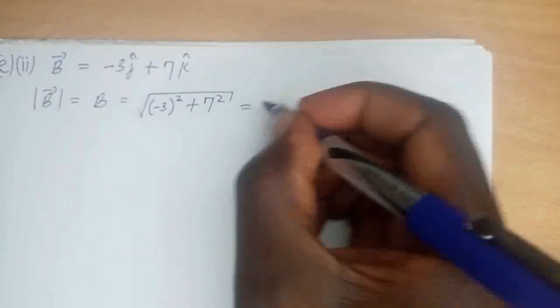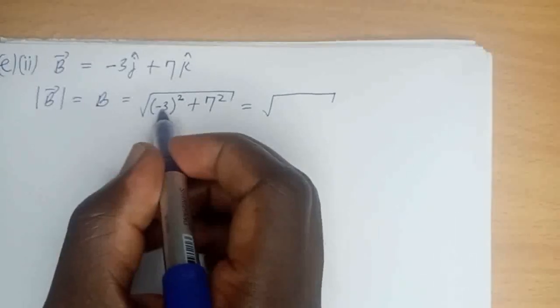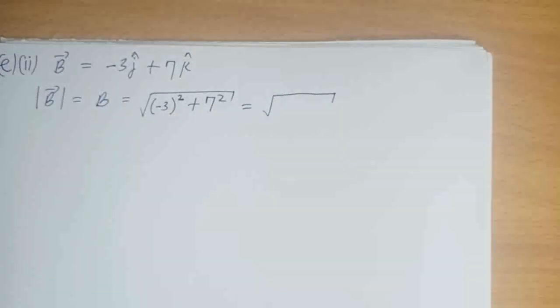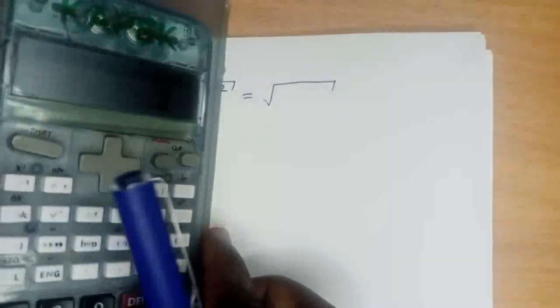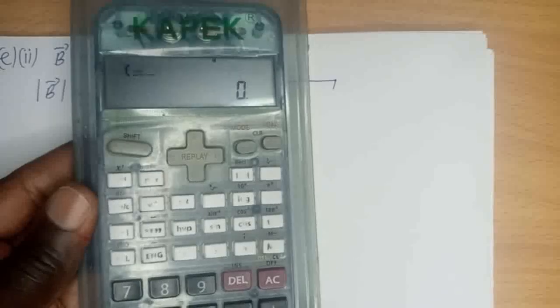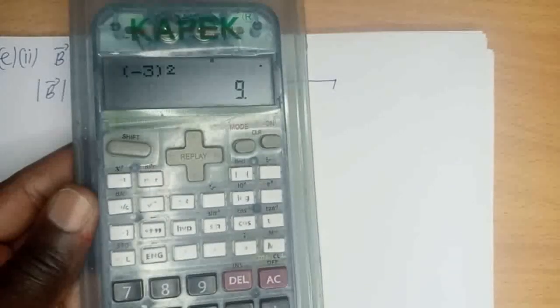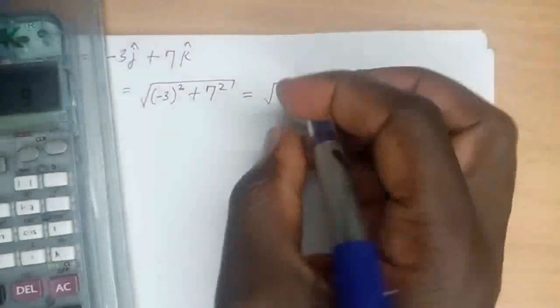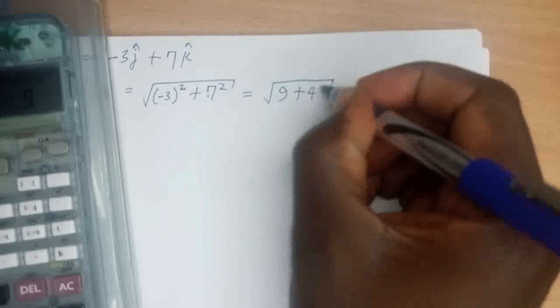This is equal to the square root of minus 3 squared. You open your bracket, minus 3 close bracket, square it, press the equality sign, 9 positive. So I have 9 here, plus 7 squared, which we did before and got 49.